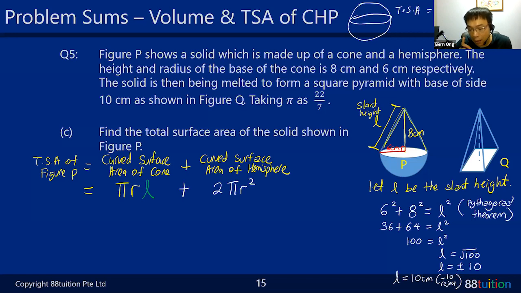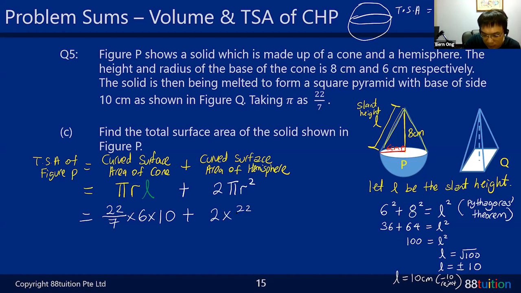So when your L is 10 cm, you can put it in already. Let's activate: pi is 22/7. Radius of the cone is 6. L is given as 10, plus 2 times pi, 22/7. Radius of the hemisphere is the same as the radius of the cone, 6 square.